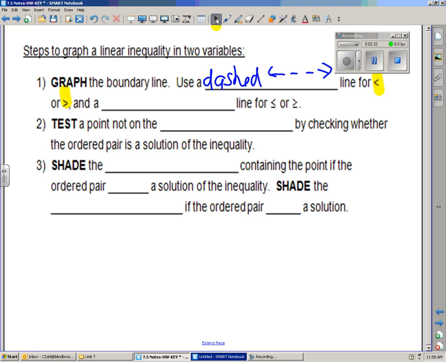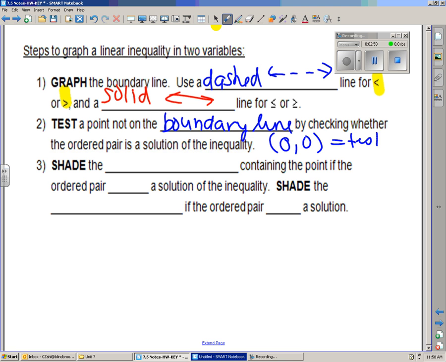You're going to use a solid line, which is what you normally graph with if you've got a less than or equal to or greater than or equal to. You then have to figure out where to shade. So you're going to test a point that's not on the boundary line. And we tend to use 0, 0, the origin, as your test point to check whether that ordered pair is a solution of the inequality.